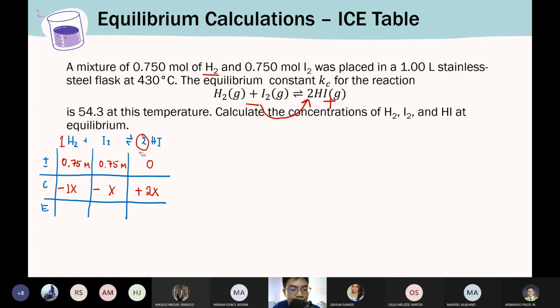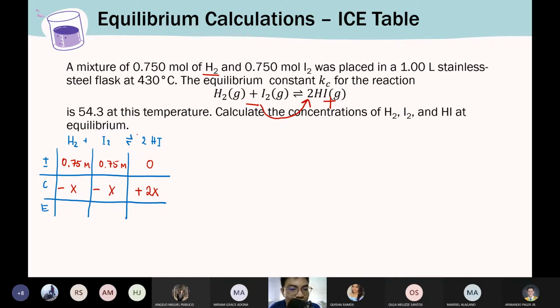Okay? So, ito yung nakalimutan ko kanina. Okay? So again, kapag may coefficient ka, magiging ganun yung change ng x mo. Okay? Kumbaga, it must be proportional to your coefficient.